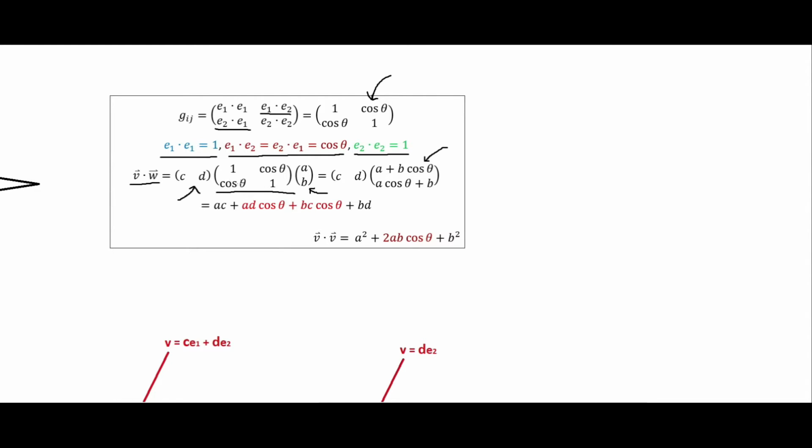Then cosine theta a plus 1 times b, that's our second entry. Then we multiply c times the first entry and d times the second entry. And so we end up with ac plus ad cosine theta plus bc cosine theta plus bd.